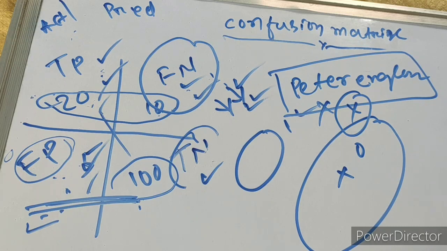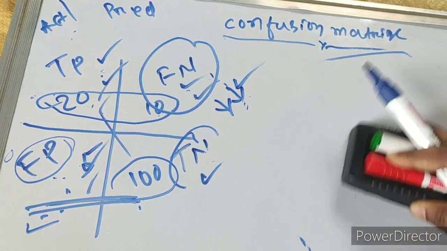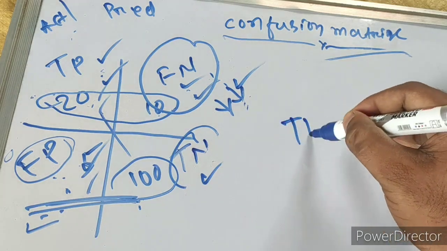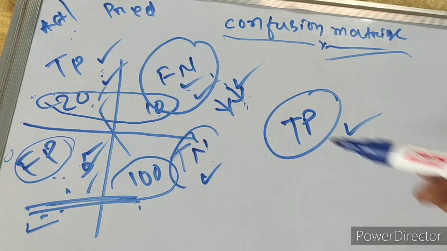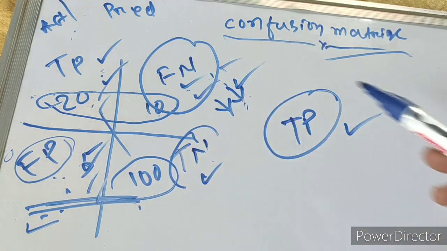So in this scenario, the domain expert will say, I just want my model to focus on true positive. So give me the result so that the true positive must be higher. I am not concerned about this false negative or false positive.